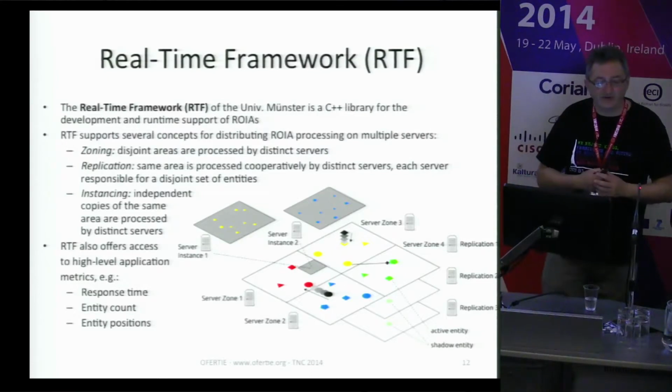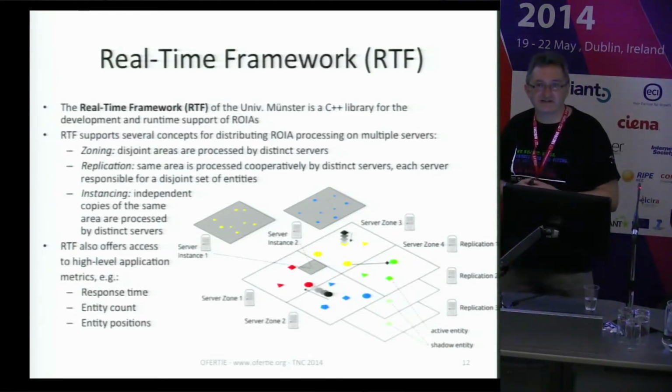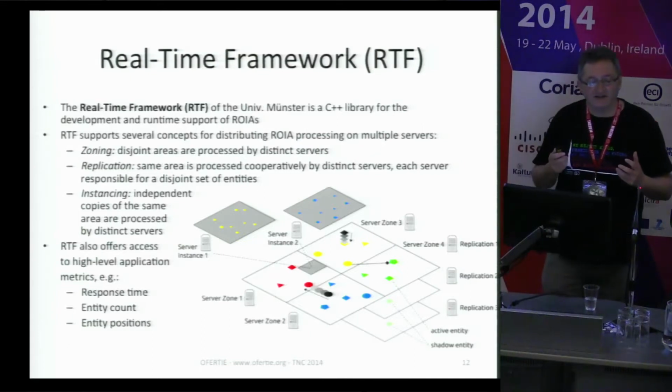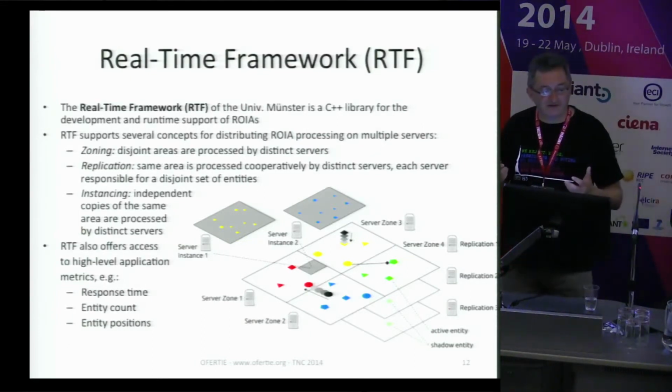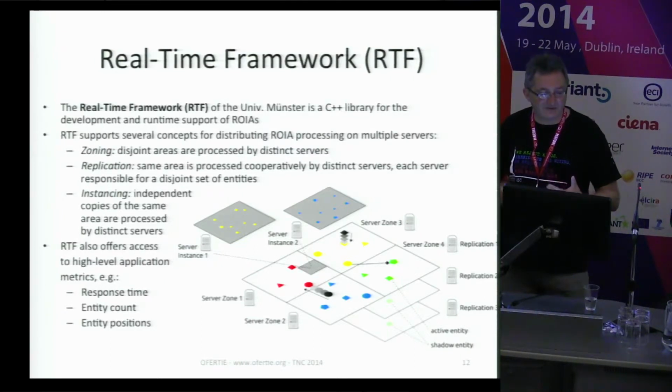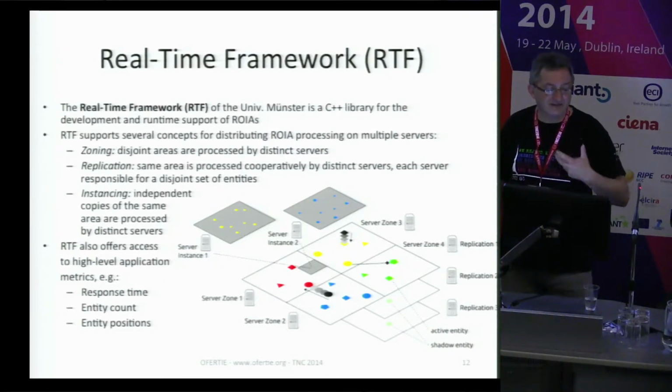So the real-time framework is essentially just a C or C++ library that's been developed at the University of Munster. What it allows you to do is to abstract objects and entities in a 3D world and to model those. And it gives you certain functions that you can use within that library. For example, zoning.